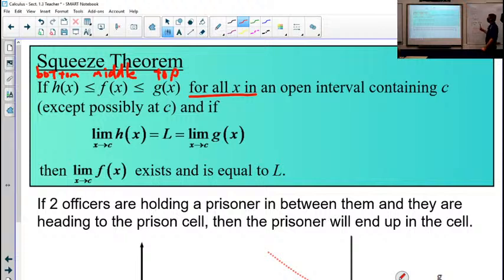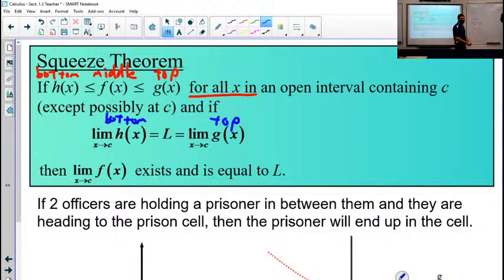For all x in an open interval containing c, except possibly at c. c is an x value, and we're focusing in on that specific x value. h of x was which one? The bottom. And g of x was the top.